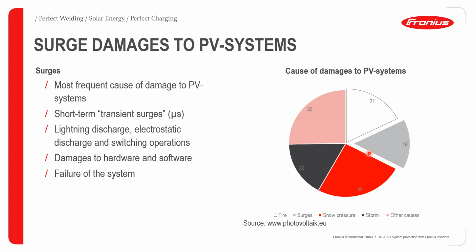The other causes of failures are not our concern for today, but you can see that there is quite a good probability that you do not have enough protection in your system. Then these surges can be a big cause of concern.